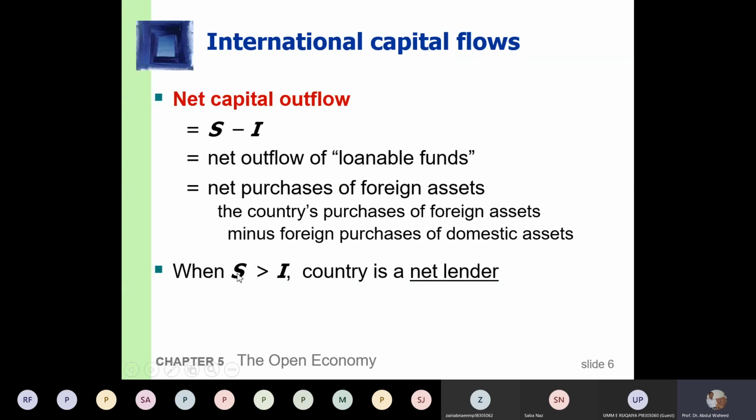So when your saving is more than investment, this means now you have surplus saving, and then the country would be a net lender. It means you have enough saving that you can finance domestic investment, and you can also lend it to other countries. So you will be a net lender.